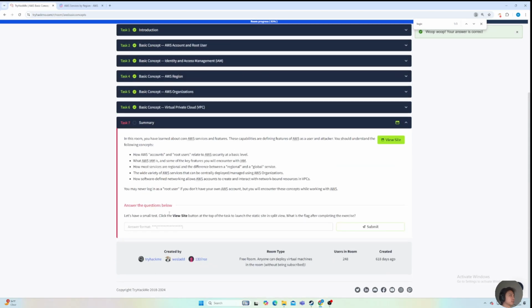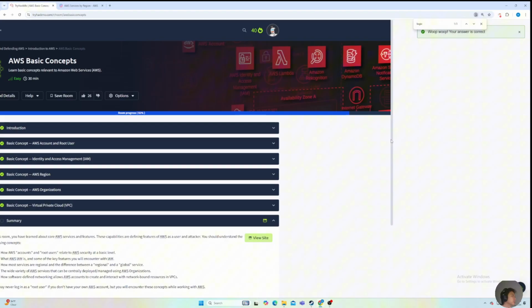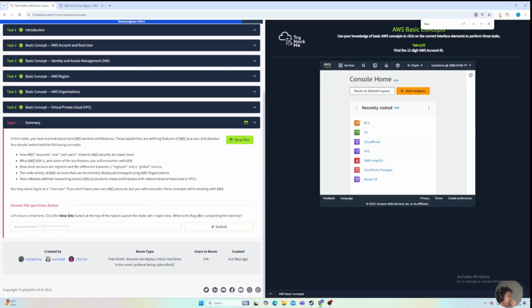Summary. In this room, you have learned about the core AWS services and features. These capabilities are defining features of AWS as a user and attacker. You should understand the following concepts: how AWS accounts and root users relate to AWS security at the basic level, what AWS IAM is, and some of the key features you will encounter with IAM. How most services are regional and the difference between a regional and a global service.